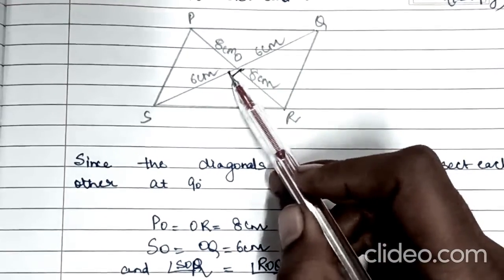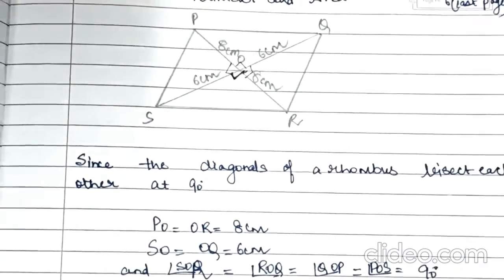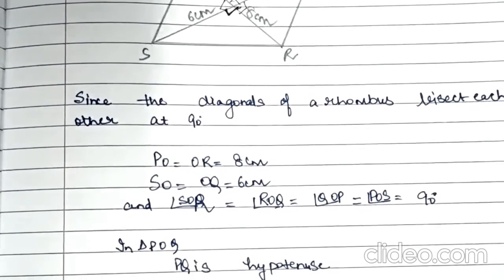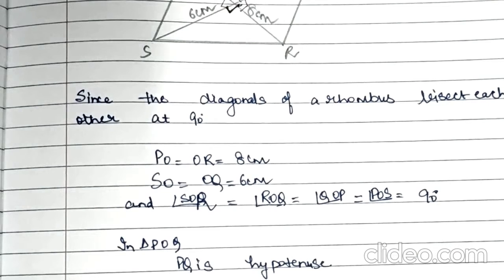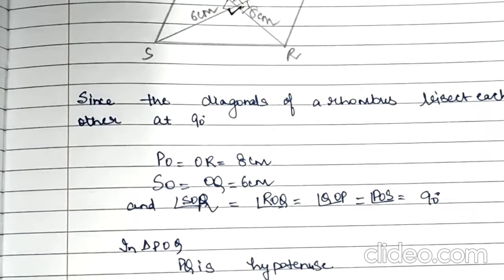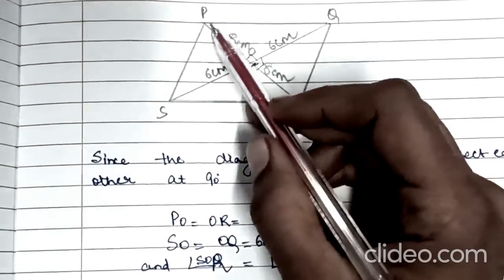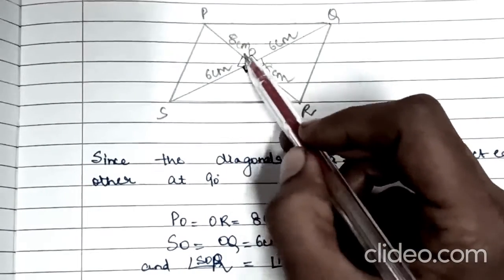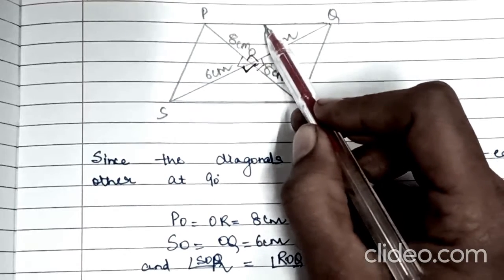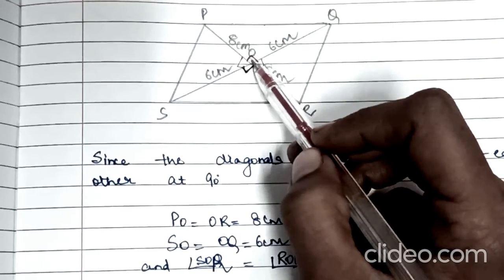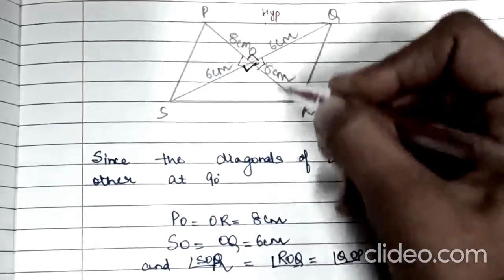So this angle, and these angles also will be of 90 degree. Now, as we have already discussed in the previous question, we will take any of the triangle. Let us suppose we are considering this triangle where this angle is 90 degree and the side opposite to 90 degree is what? Hypotenuse. So this is the hypotenuse.